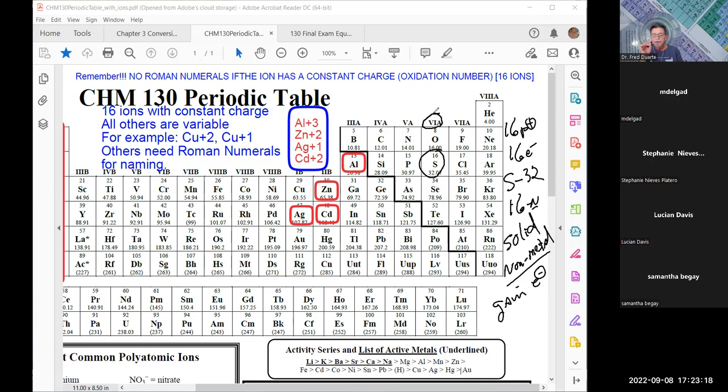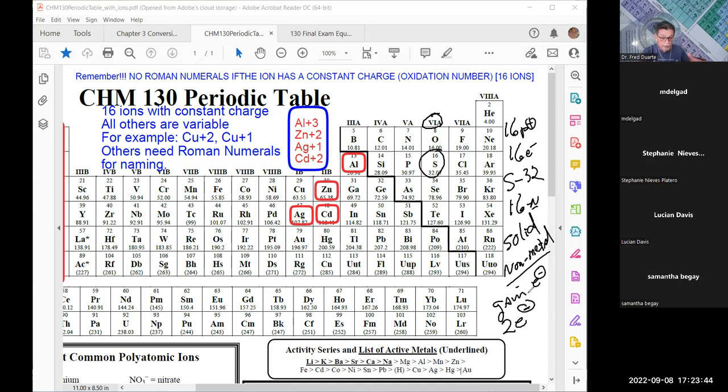Everybody in this group, the nonmetals, are going to gain the same number of electrons. Okay, that's hint number one. It's going to gain, and that is correct, 2 electrons. It will gain 2 electrons, okay?